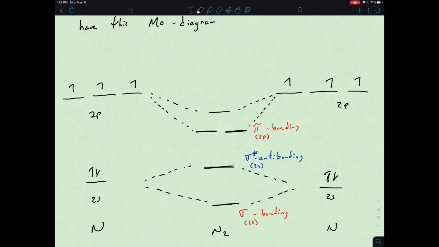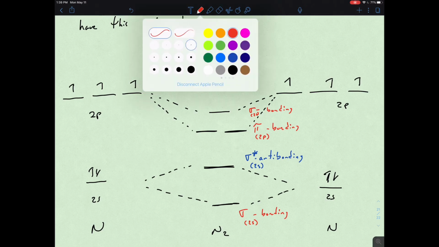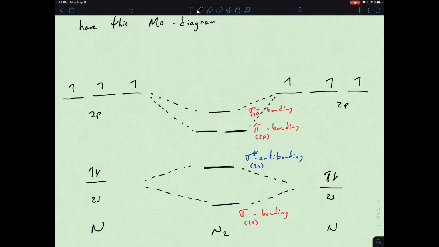And this would be now the sigma bonding for the 2p. There's also then a raising of energy for the anti-bonding set.